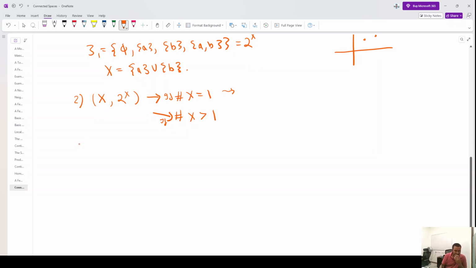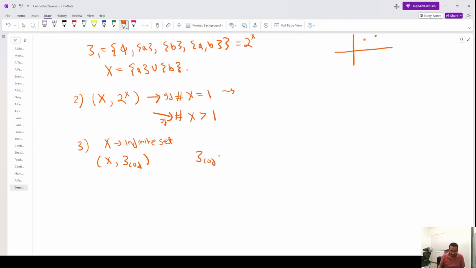Okay. Let us take one more example. I had two in mind, but I forgot. It's fine. So let us take X to be an infinite set, and X with tau cofinite, the co-finite topology.